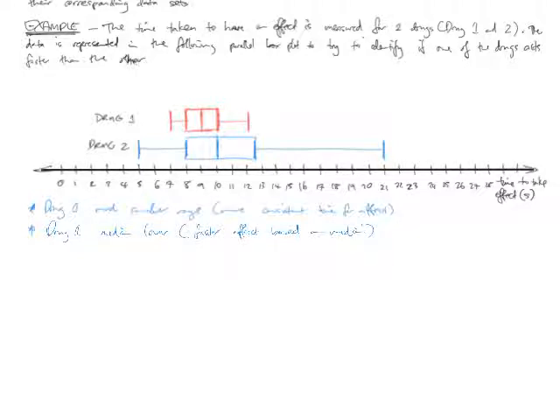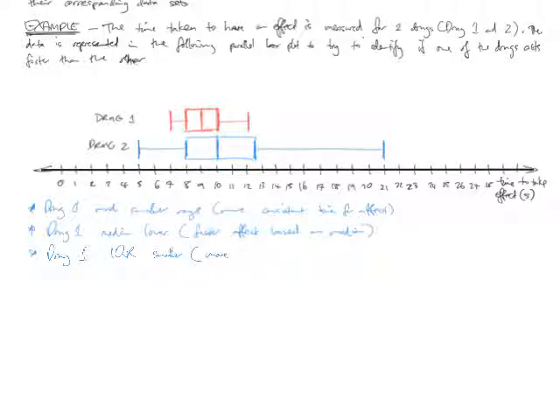What else can we conclude here? The interquartile range is only 2 for drug 1, whereas the interquartile range here is from 8 to 12.5, so it's going to be 4.5. So drug 1, IQR smaller. Again, more consistent.